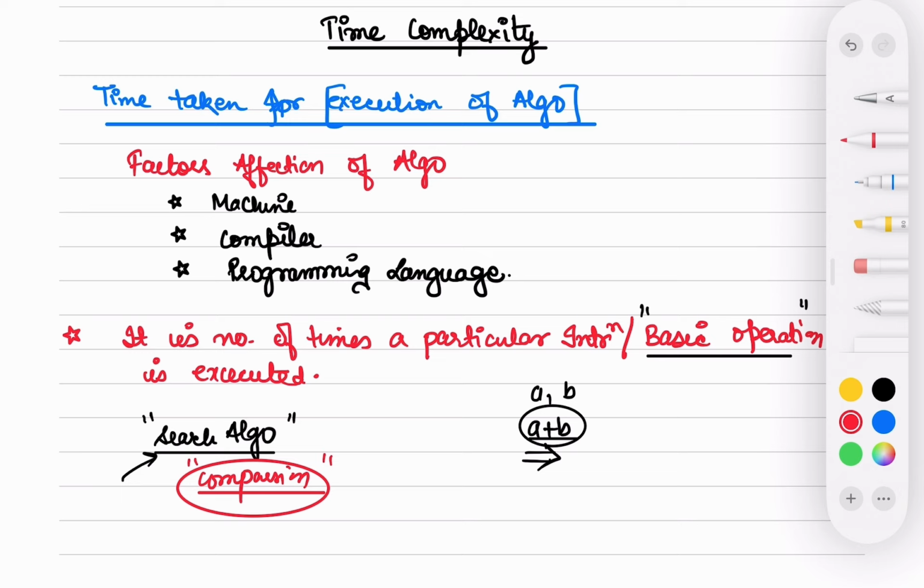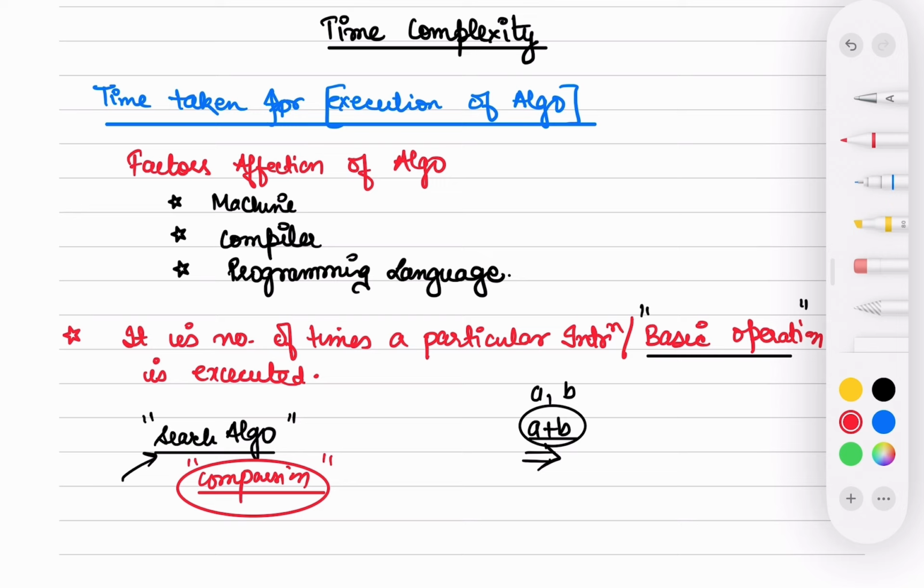Time complexity doesn't mean you should say in how much time the execution is done, because that would create a redundancy, as it depends upon several external factors we have already discussed. So to remove the conflict of different time complexities for the same algorithm, we count the basic operation of an algorithm, and that gives us the time complexity.